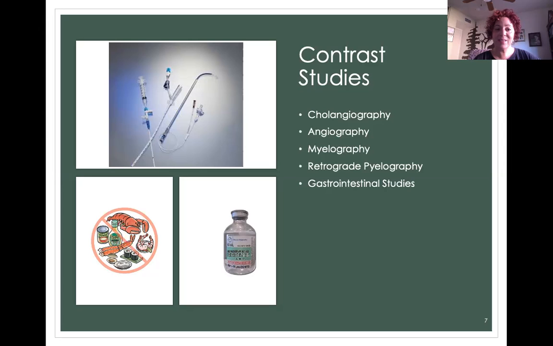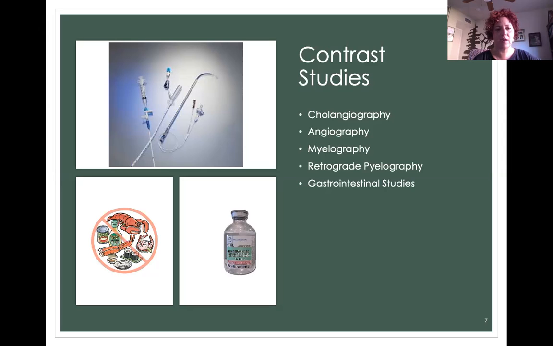If somebody is allergic to shellfish, we will use a different kind of dye. There's 3% of people that actually do have an allergy to it, but they say it is not associated with the iodine. However, we still treat it like it is in the operating room for some reason.